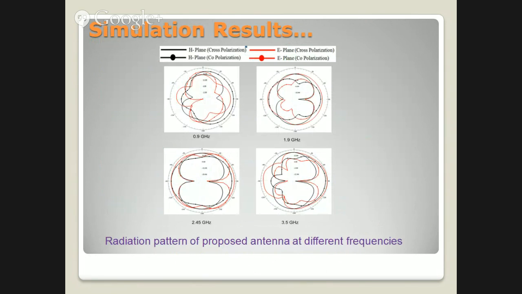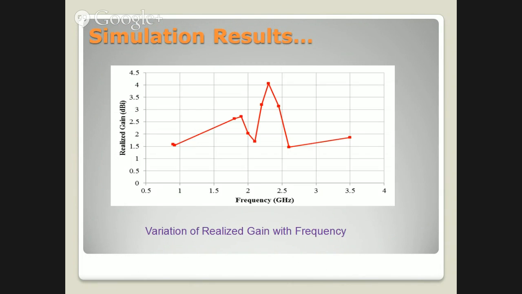This is the radiation pattern for the H plane and E plane, co and cross polarization, for different frequencies like 0.9 gigahertz, 1.9 gigahertz, 2.45 gigahertz, 3.5 gigahertz. This is the realized gain planned by simulation software, for the center frequency of each band, covering all frequencies for mobile application.